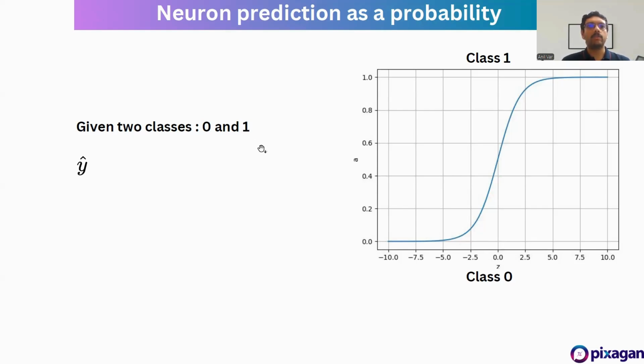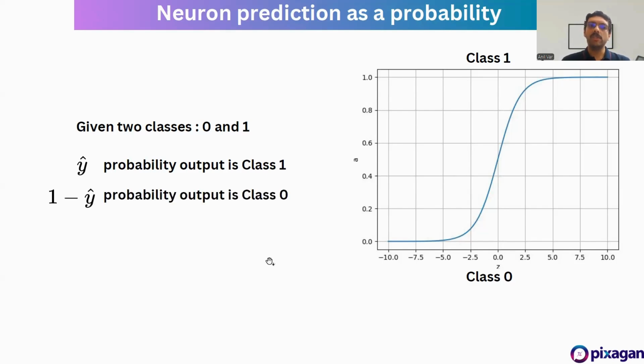You can say y hat, which is the prediction by that neuron, is the probability that the output is class 1. Which means 1 minus y hat, because there are only two classes, has to be the probability that the class is 0. So effectively this function is trying to predict whether the output is class 0 or class 1.